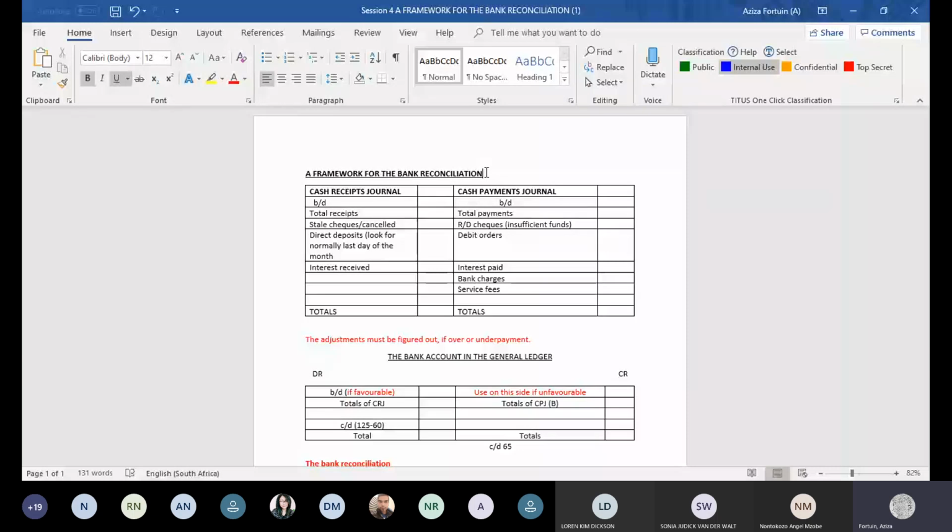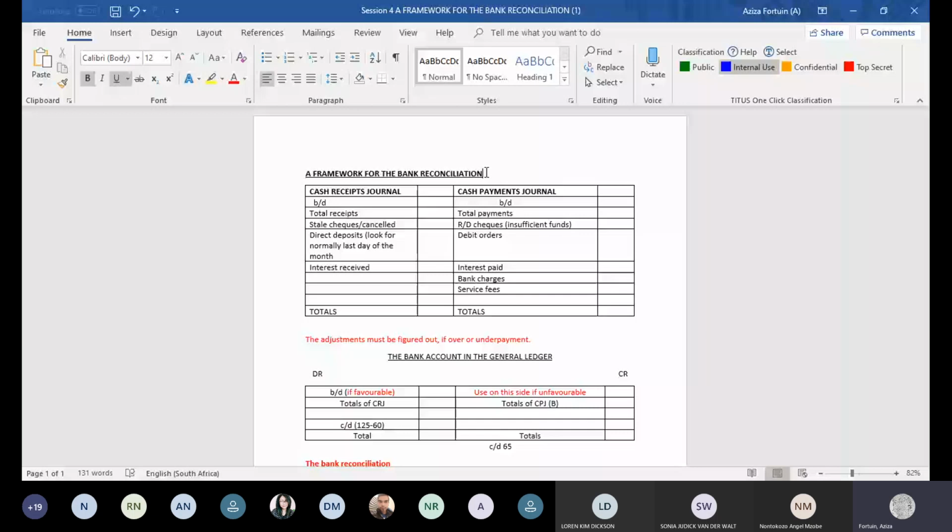It is an adjusted one. Remember, during the month, you will input everything, or as far as you can. But items that you are unaware of that came to your attention after the month end, you then have to go back and adjust it. Okay, and that is why we do the adjusted cash receipts and adjusted cash payments journal.